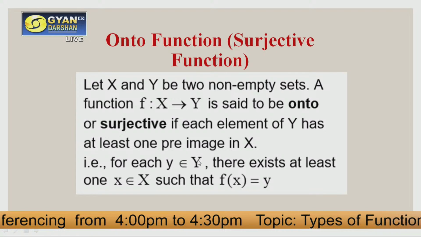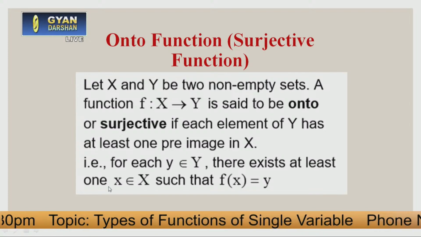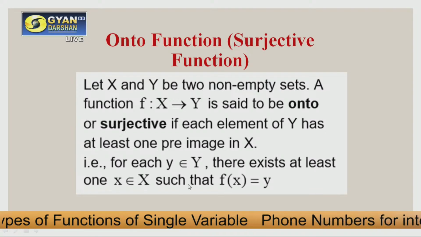Small y means some member of capital Y. So there exists at least one x, small x belongs to capital X, such that f of x is equal to y.